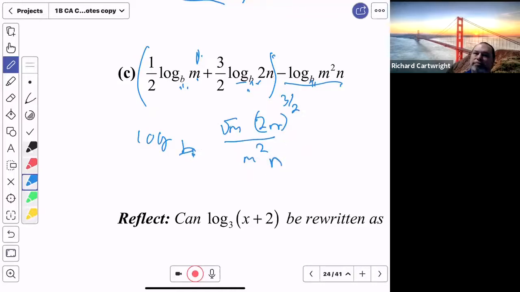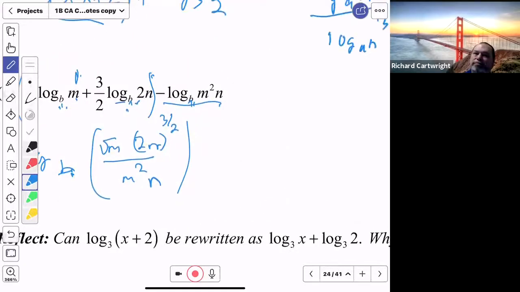If you wanted to, the only thing I could do differently was write log base b. You could either make them both exponents with fractions, or you could say square root of m times square root of 8n cubed, because 2 times 2 times 2 is 8, and it's a square root.